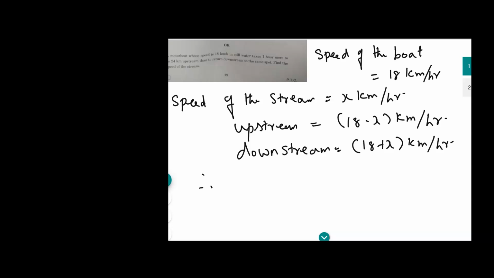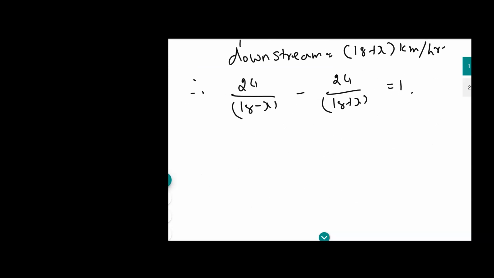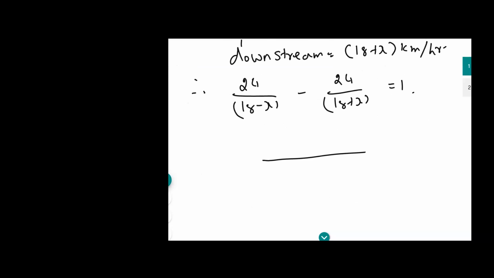So the difference in time taken between going upstream and downstream is 1 hour. That means 24 by (18 minus x) minus 24 by (18 plus x) is equal to 1. On simplifying, I can write 18 squared is 324. I'll take 24 outside and I'll get (18 plus x) minus (18 minus x) over 324 minus x squared is equal to 1. 18 and 18 get cancelled.